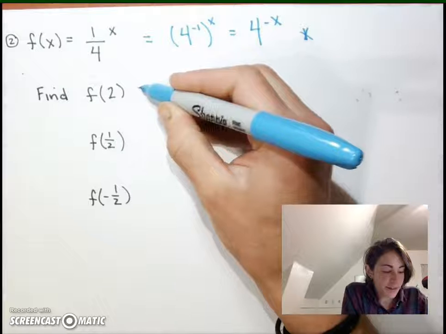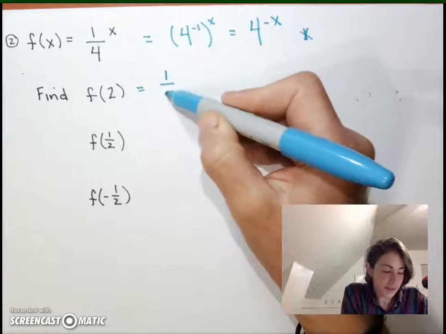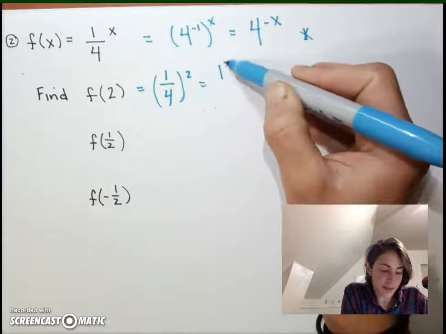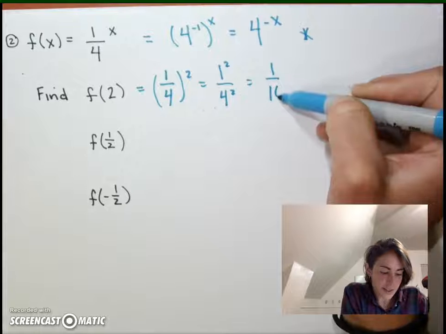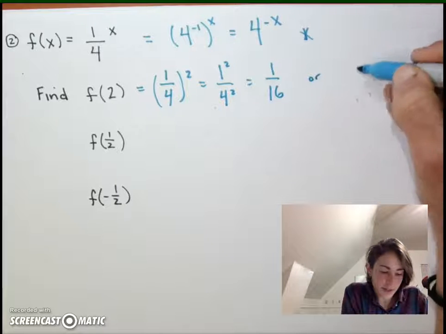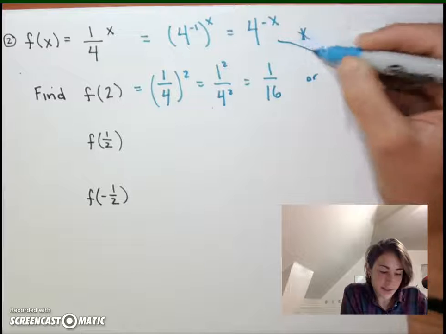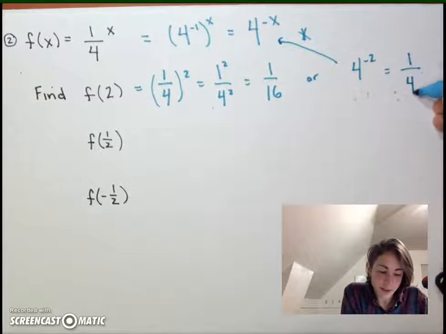So when I do f of 2, I could do it in two ways. I could do 1 over 4 raised to the 2, which is going to be 1 to the 2 over 4 to the 2, which is 1 over 16. Or I could do 4 to the -2 by plugging into this function. And that's the same as 1 over 4 to the 2 from our rules of exponents, which is 1 over 16.